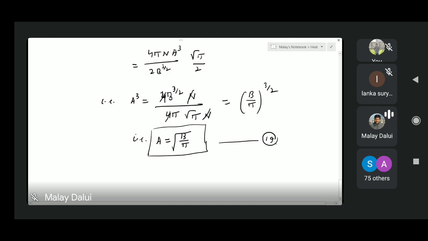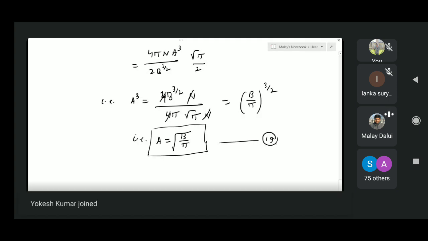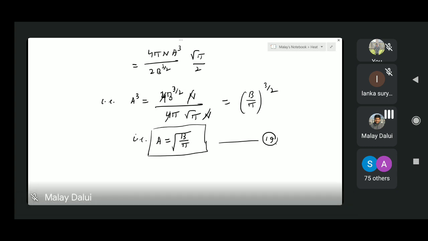If we know b, we can determine a. So since we have used up only one condition, the second condition we will use is the expression of the root mean square velocity. From there, we will try to find the other constant, which is b. Then we can plug in the value of b, and we get the value of a from that. Because if you have a distribution like this, then root mean square velocity is a good quantity to have in the expression, which you can determine very easily.